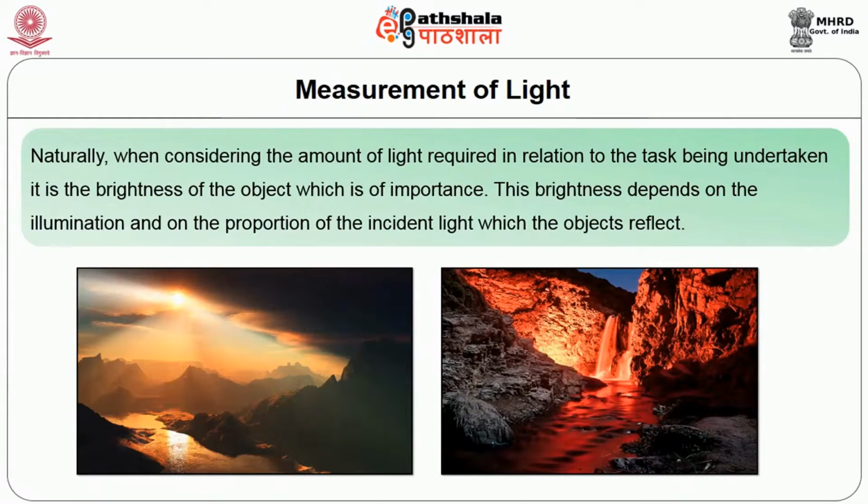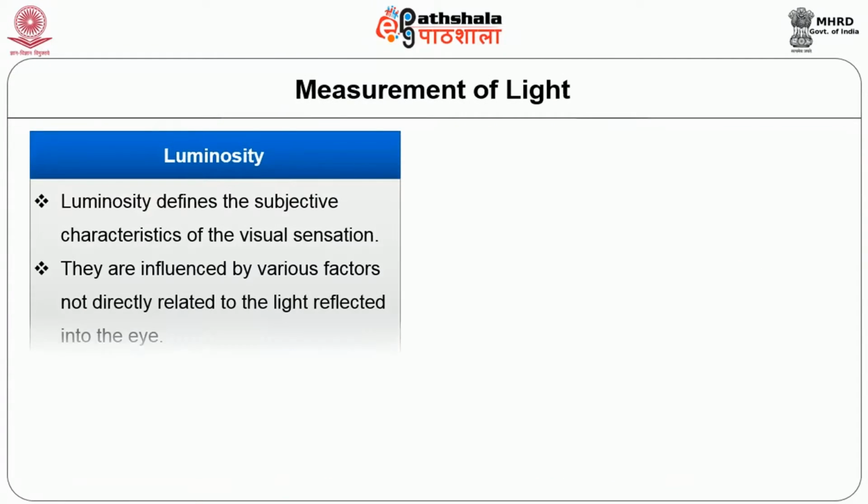This brightness depends on the illumination and on the proportion of the incident light which the objects reflect. Brightness, scientifically speaking, is described in two terms, luminosity and luminance. How do these concepts differ? Luminosity defines the subjective characteristics of the visual sensation.